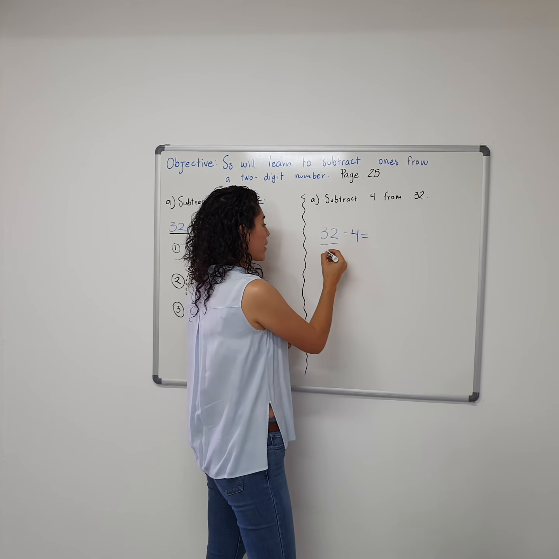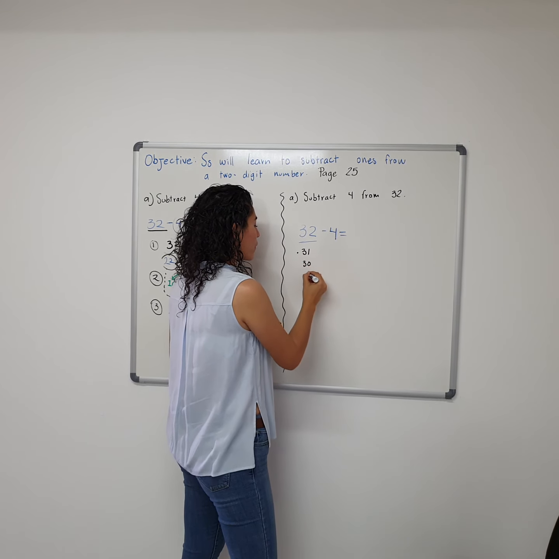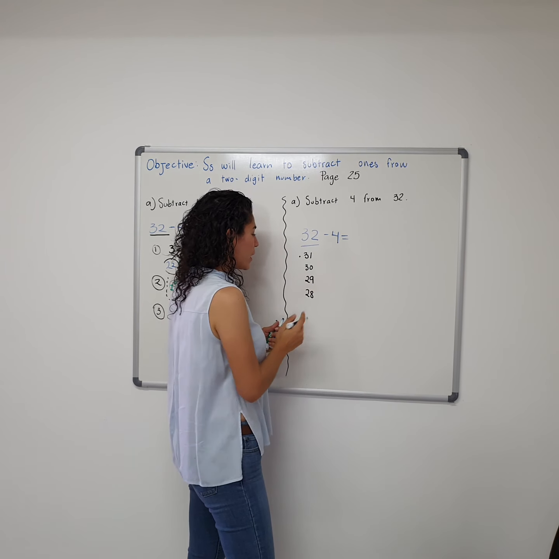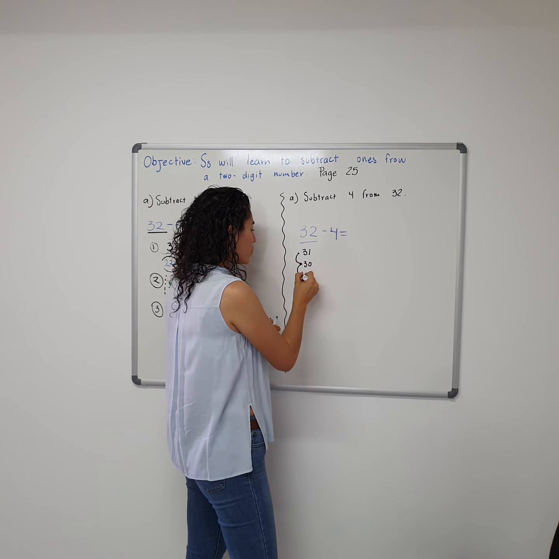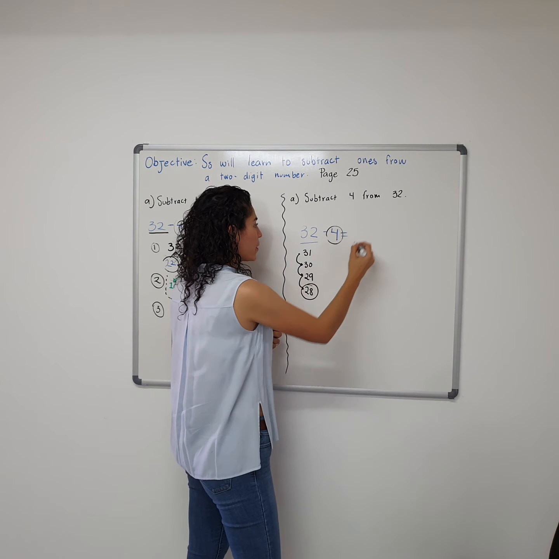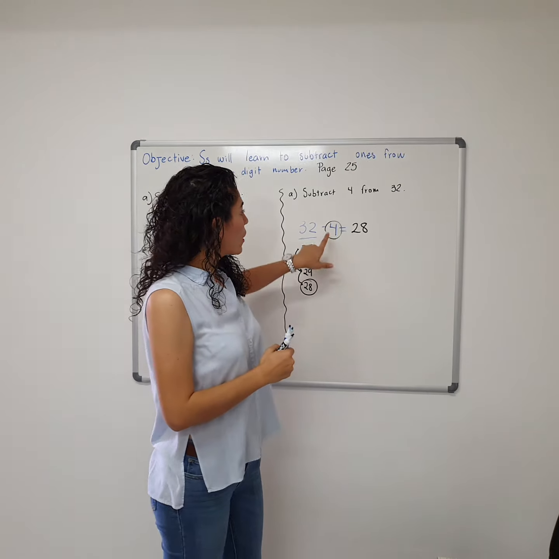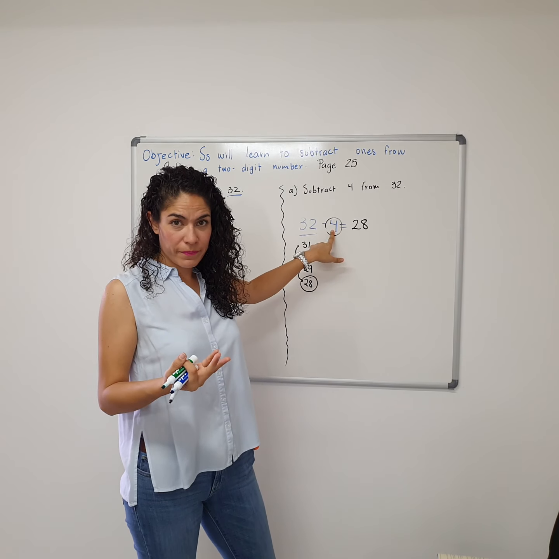If I come back, I will be counting 31, 30, 29, and 28. How many steps did I take back? 1, 2, 3, and 4. Minus 4. I stop in here. It is 28.